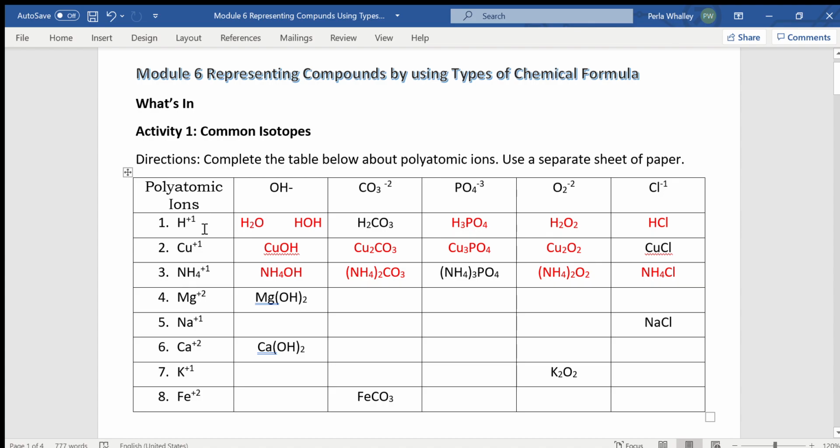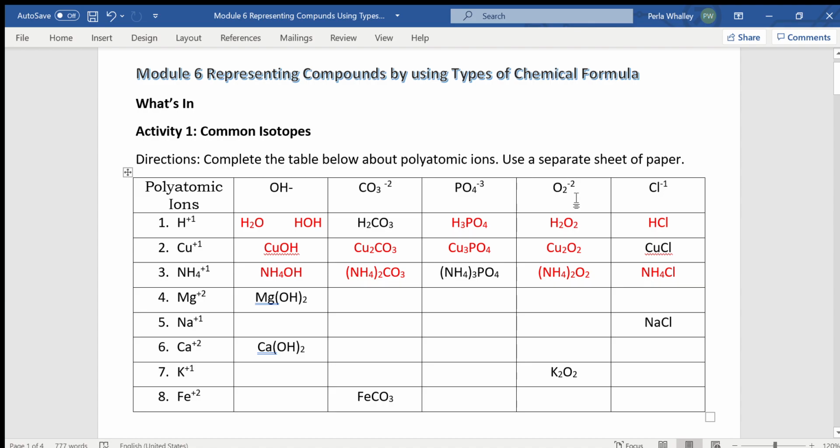Next, we have hydrogen ion paired with phosphate ion. This 3 will go to the hydrogen, H3, and then PO4 times 1 will remain as PO4. So the correct formula is H3PO4. Next is O2 minus 2.